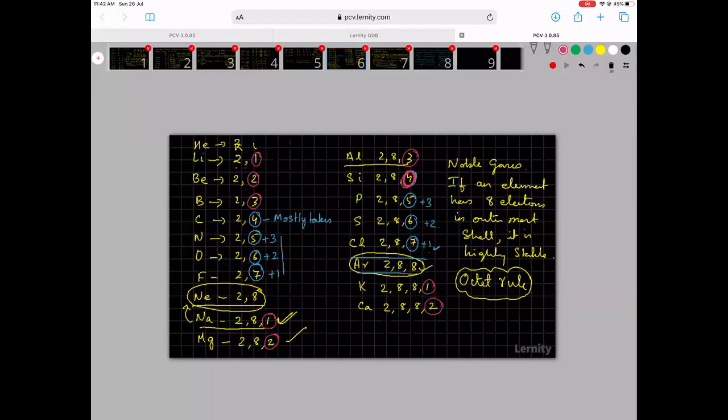Certain elements have the tendency to give or take. Such elements are called metalloids.